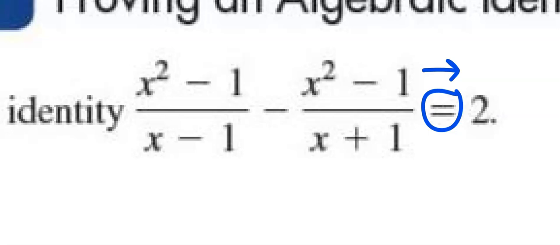Does x minus 1 have anything in common with x plus 1? Answer, no. You need to understand that x minus 1 and x plus 1 are completely different.